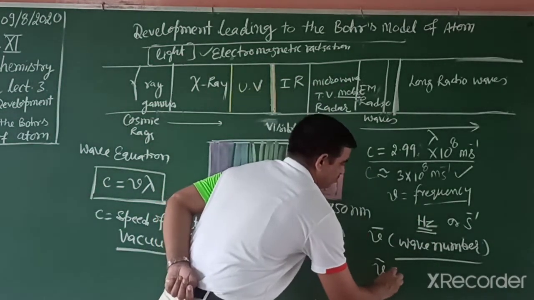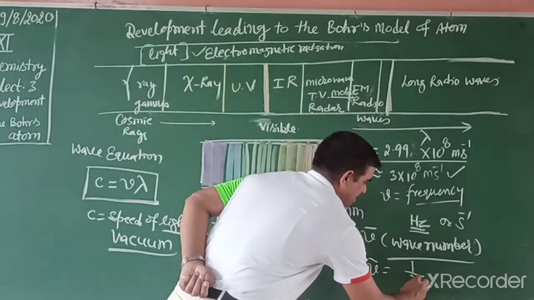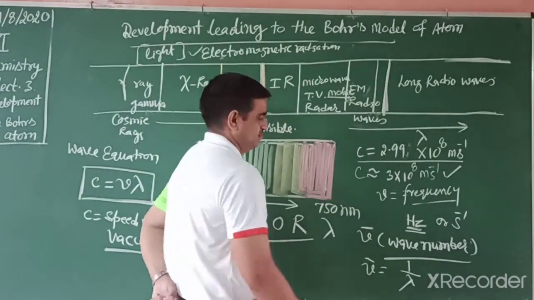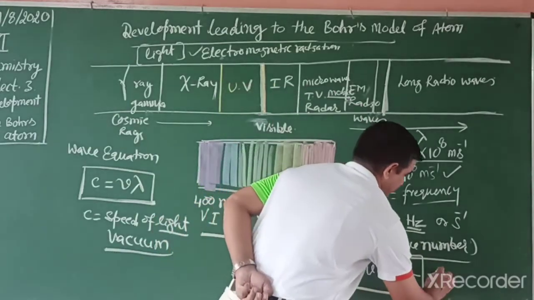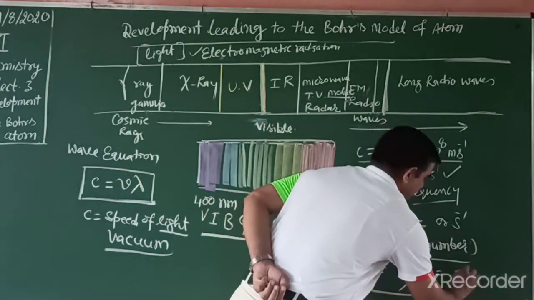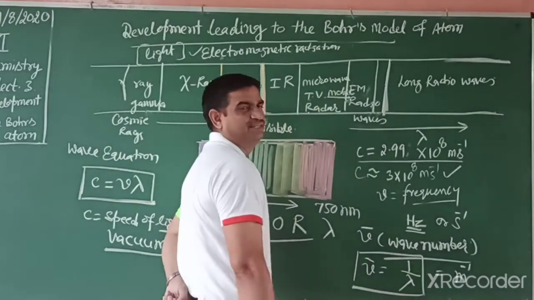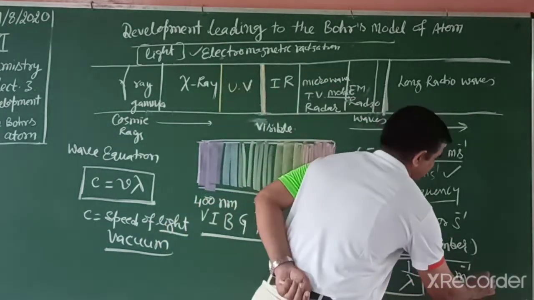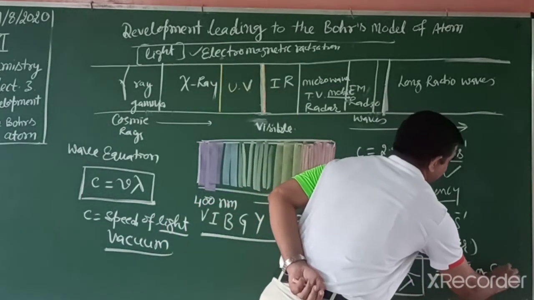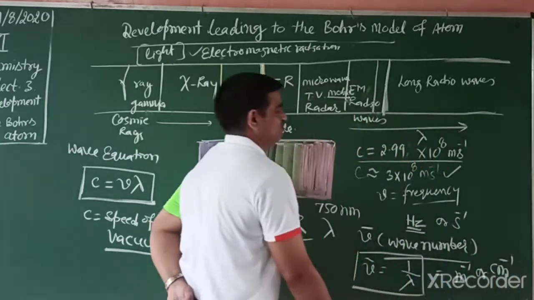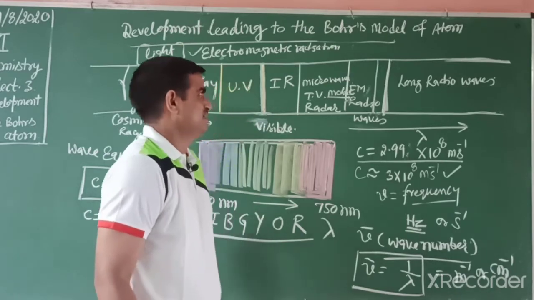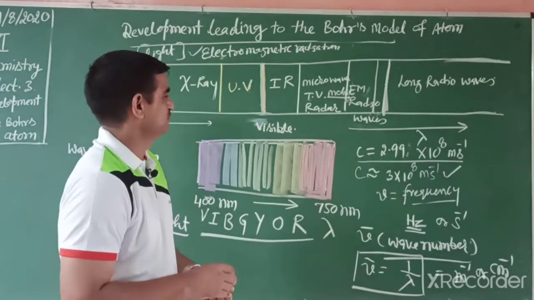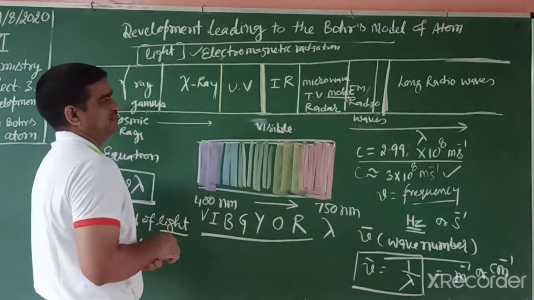Wave number is the reciprocal of wavelength, and its unit is meter inverse, because the wavelength unit is meter. So it is meter inverse or centimeter inverse. So these are the terms. And now we explain other parameters also.